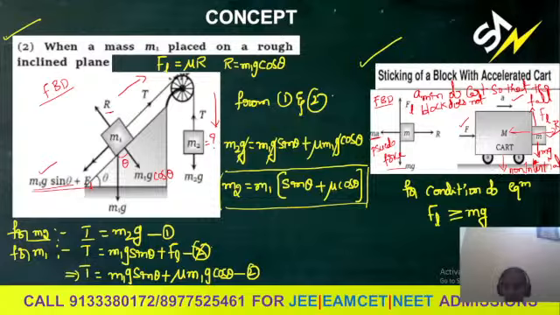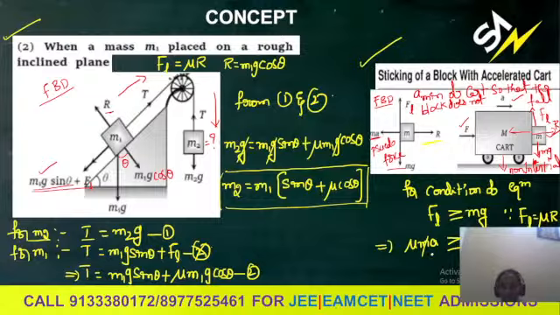And we know that FL is equal to mu R. And R, in this free body diagram for the equilibrium condition, is balanced with the pseudo force acting on the block. So we can write M into A. So we can use this FL value and R value. We can write here mu into MA, which should be greater than or equal to mg. We are talking about the motion of the block not falling from the surface.